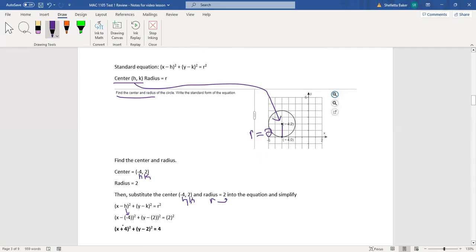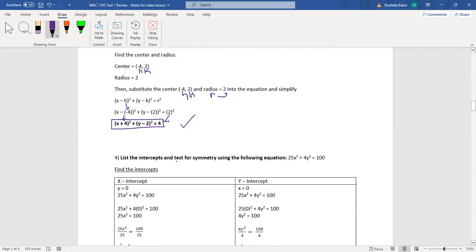Remember, a negative times negative will make this positive. And then for k, we substitute 2. For the radius, we substitute 2. So we have y minus 2 squared, and then 2 squared, 2 times 2, that gives us 4. This would be our equation simplified. X plus 4 squared plus y minus 2 squared equals 4.